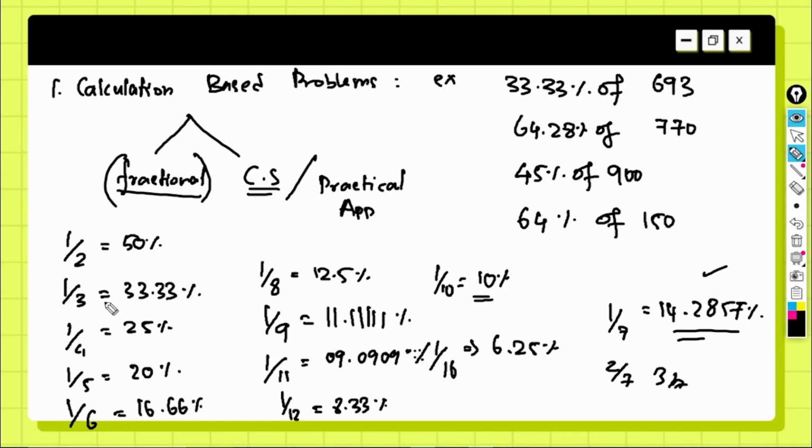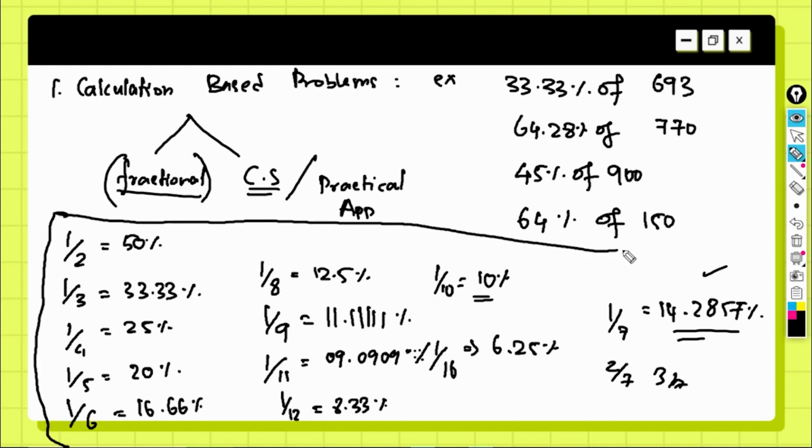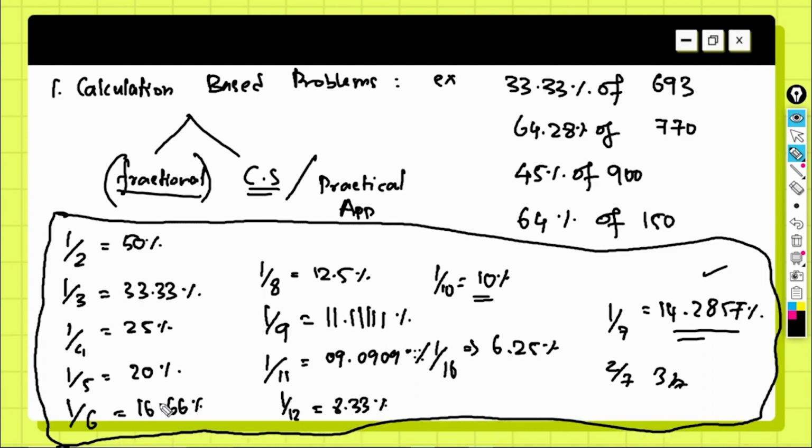But if you are going to apply this in real life, or if you are preparing only for placements, this itself is sufficient. Whatever I have just written here, trying to put a box. Okay, so whatever is inside this box is sufficient. So you can straight away use these values and solve the problem quickly.